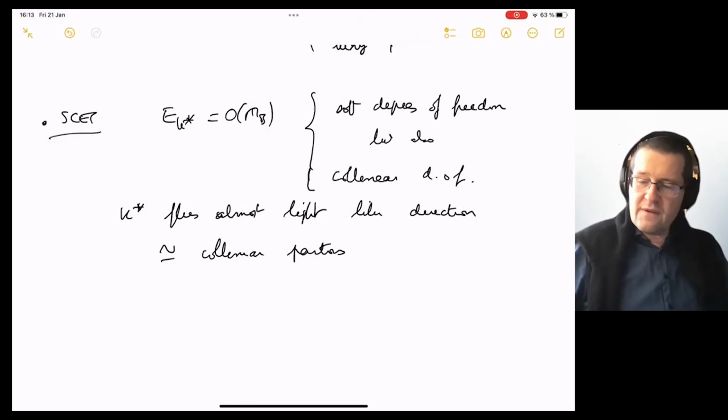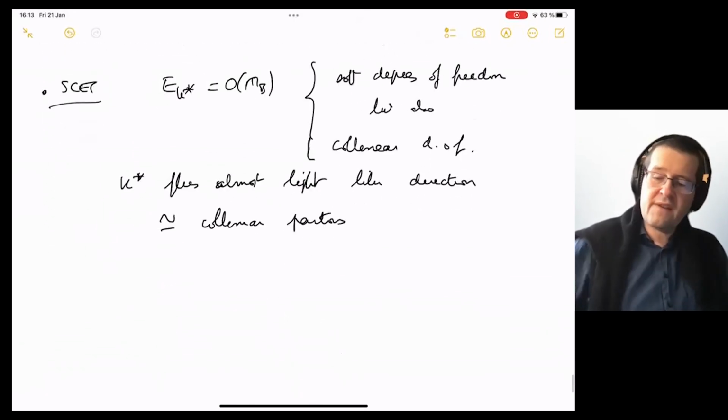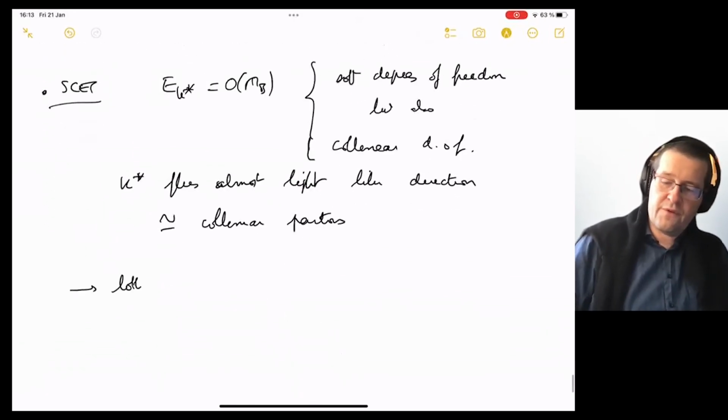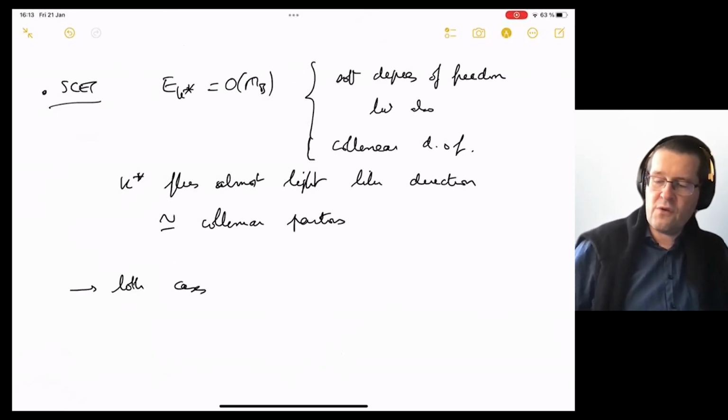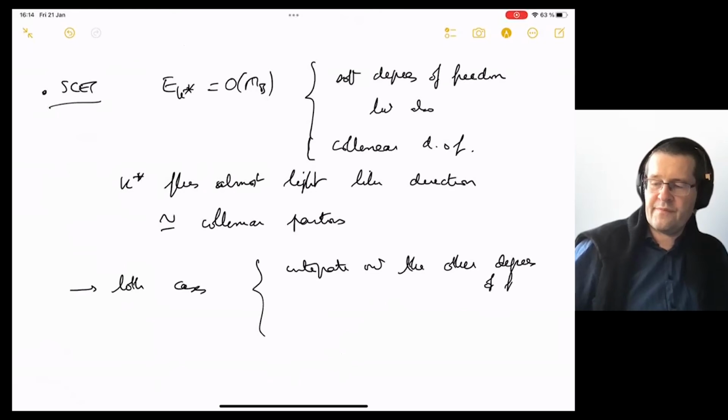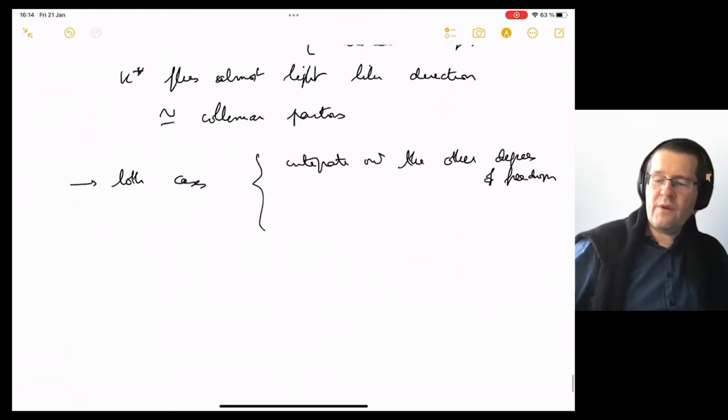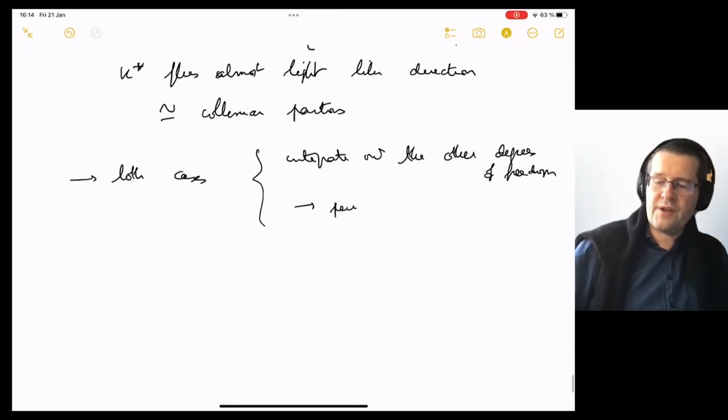And so it's possible to do that, and in both cases, because you integrate out the other degrees of freedom, they will correspond to perturbative corrections.